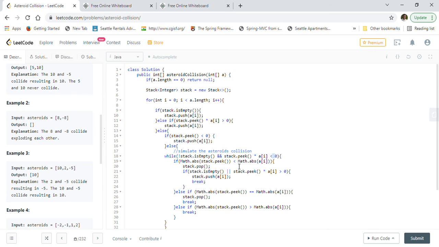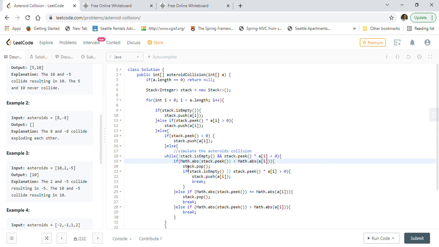So in this case it is less than 0, so we will take the absolute of the top element of the stack and the current element, right? If the top element is smaller, in that case we have to pop it out, because the incoming asteroid is bigger than the one that we have on the top of the stack.